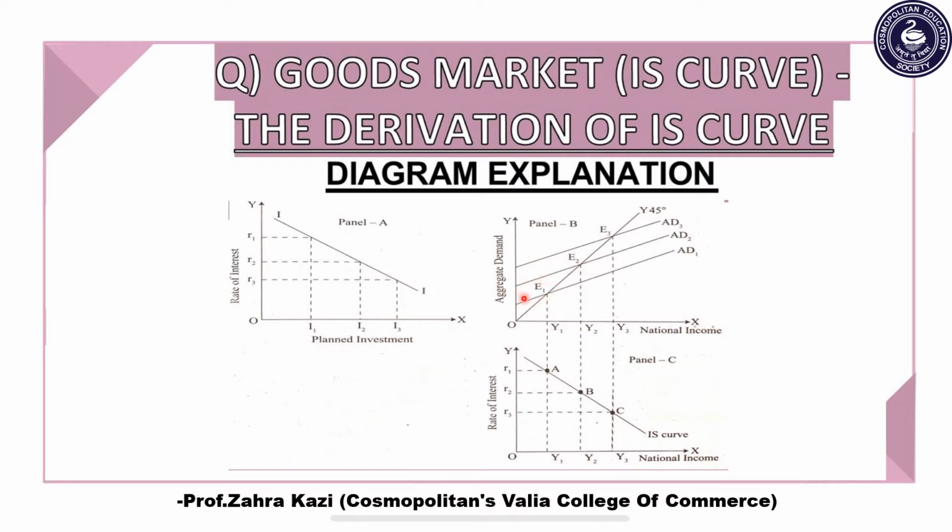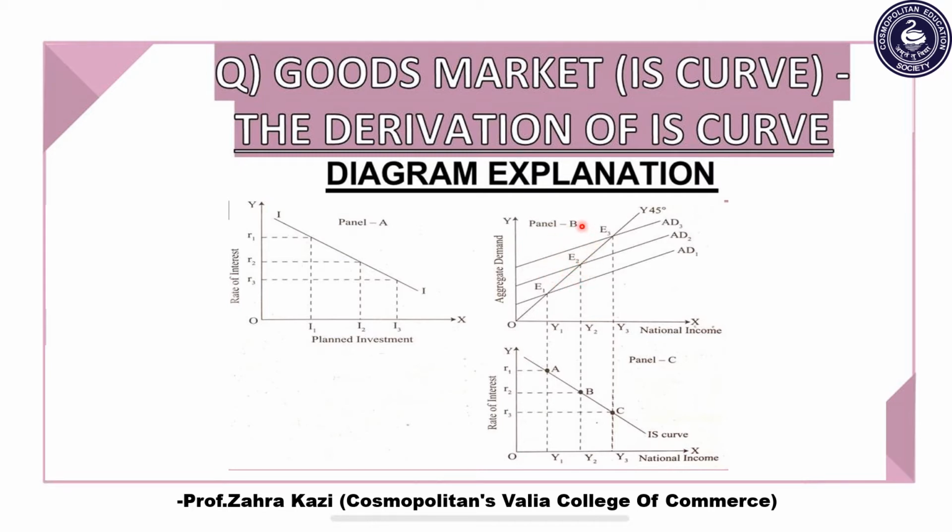Further, when the rate of interest falls from R1 to R2, the aggregate demand curve shifts upward from AD1 to AD2, and AD2 intersects the 45-degree line at point E2. So point E2 is the new equilibrium point. Thus, the goods market is in equilibrium at point E2.